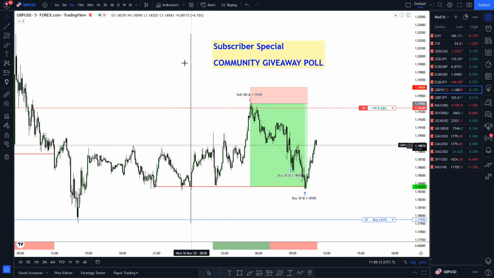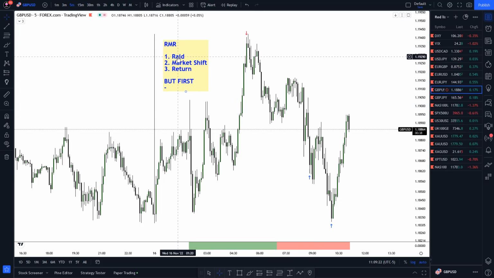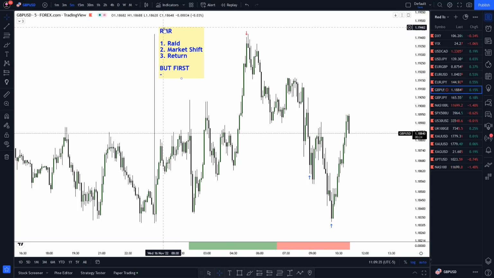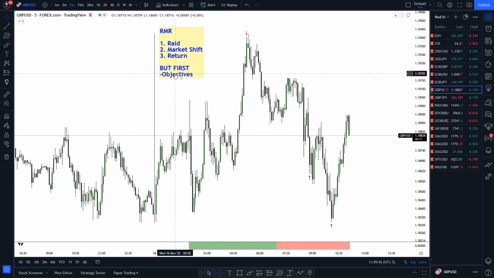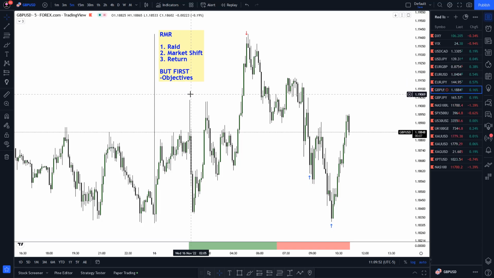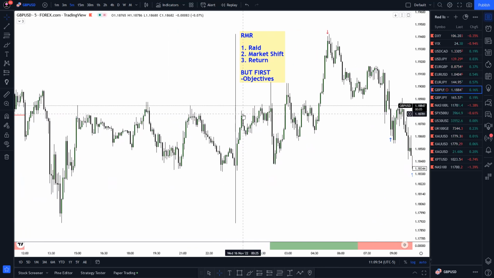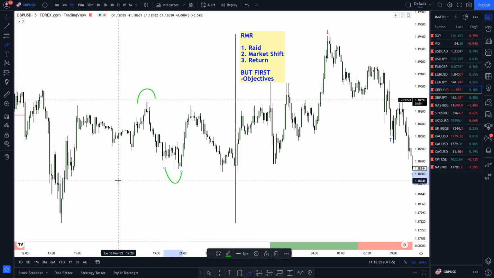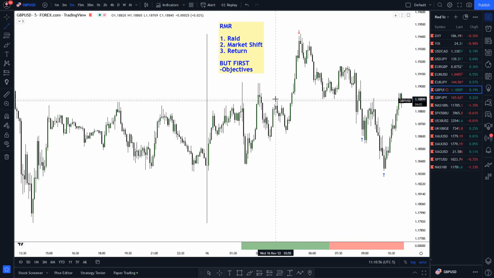So let's get straight into how we managed to find this bearish trade. The pattern that we used to find this trade was the RMR pattern, which can be a very powerful entry tool. But first, before we even look for the RMR, the most important thing we need to look for is objectives. And when we look for objectives, we look for areas of liquidity, which we know are found above swing highs and below swing lows. Just as an example, above this single swing high, we could call that an objective, and below this swing low, we could call this an objective as well.